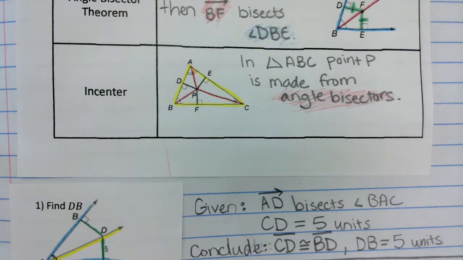This time, the middle of this triangle means it's the same distance between that point and the sides.